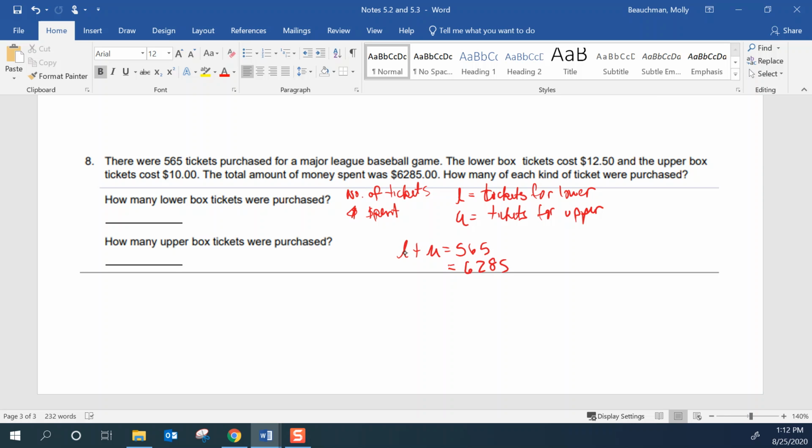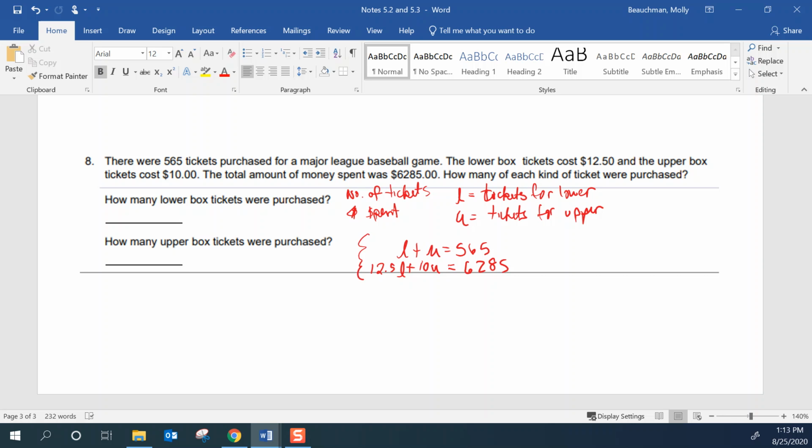Well, if I have lower tickets, how much do they cost? The lower box tickets cost $12.50. So $12.50 times all the lower box tickets is the total amount of money on the lower. Then upper box, $10 each. So 10 times the number of tickets is the total amount of money spent on the upper. So this is our system of equations.